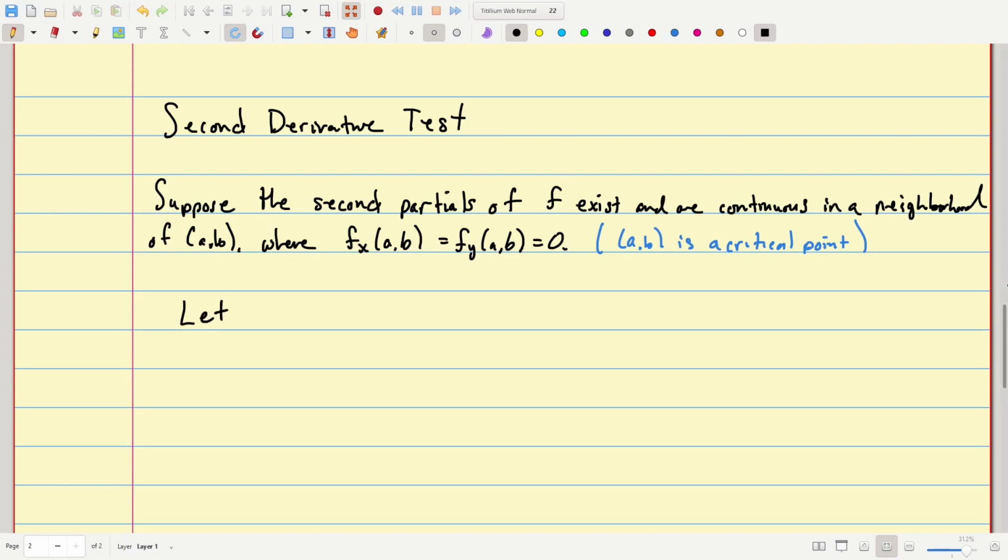So we're going to let this expression that the textbook calls D, evaluated at (a, b), be equal to the second partial derivative with respect to x evaluated at (a, b) times the second partial with respect to y, minus the square of the mixed partials.